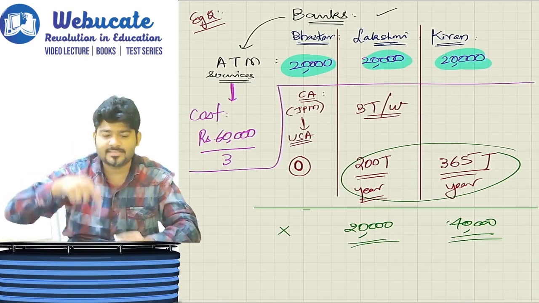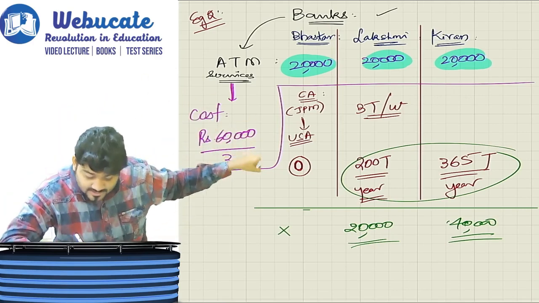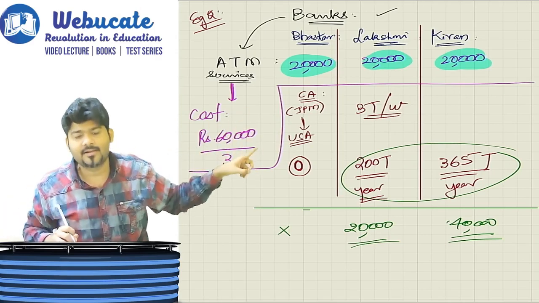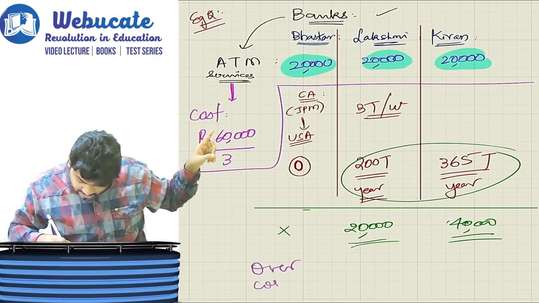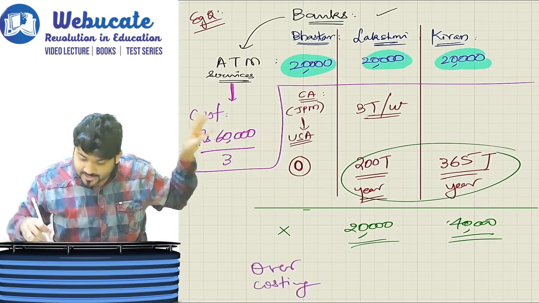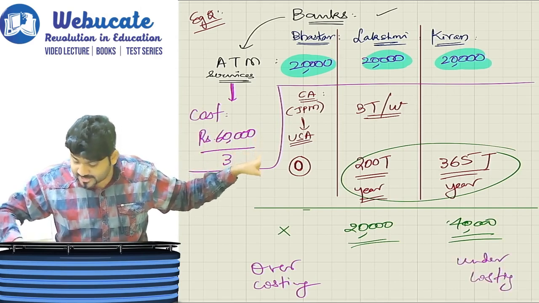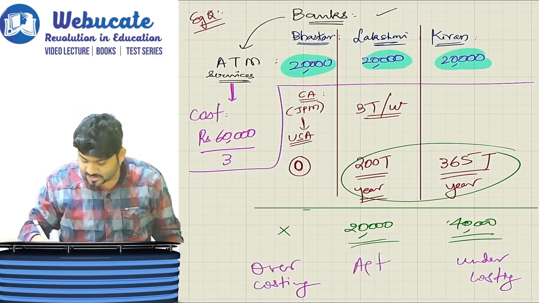But what about this case? Can I say this is also a case where incorrect costing is used, especially in case of Mr. Bhaskar? Can I say he is a case of over costing? Can I say Kiran is a case of under costing? He should be charged based on consumption. Only Lakshmi is the case of apt costing.